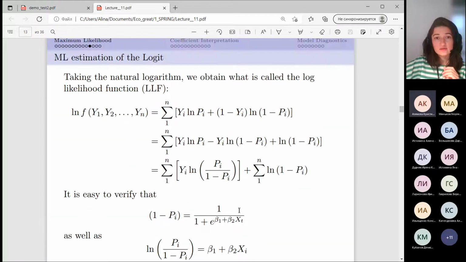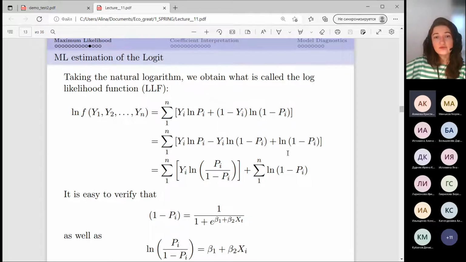After this, what do you need to do again? You want to find the logarithm, because we discussed this is for the sake of simplicity. Before we find the maximum, it's better to find the logarithm. Because of this, you find the logarithm of the likelihood function.